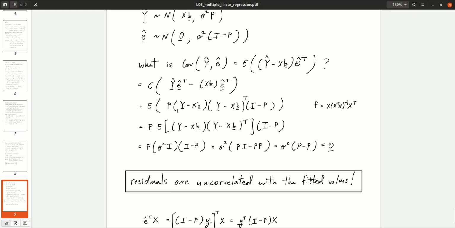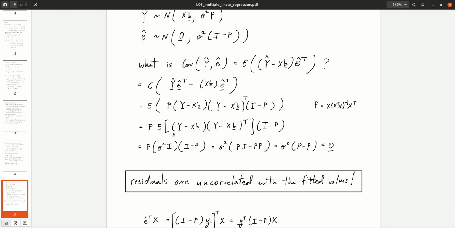Now, if you look at this expression, it's P, which is a non-random matrix, times (y minus XB), which is random, times (y minus XB) transpose, which is random, times the non-random matrix (I minus P). So we can pull the non-random stuff out on the left and on the right, and you get P times the expected value of this times (I minus P).